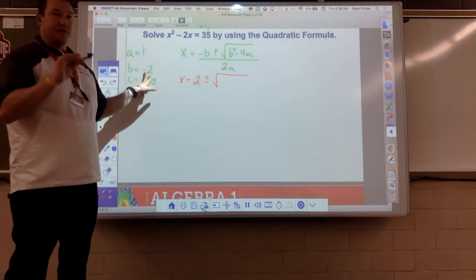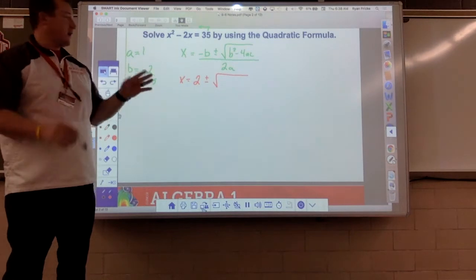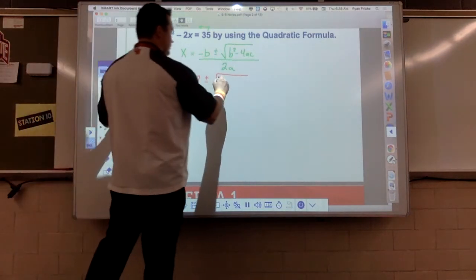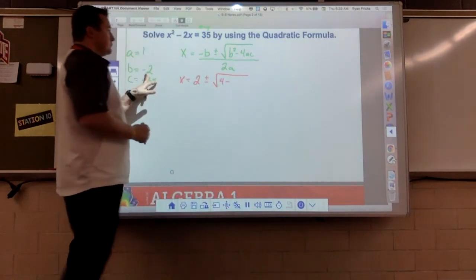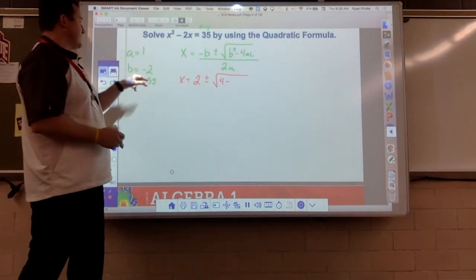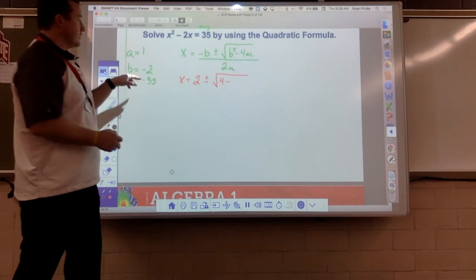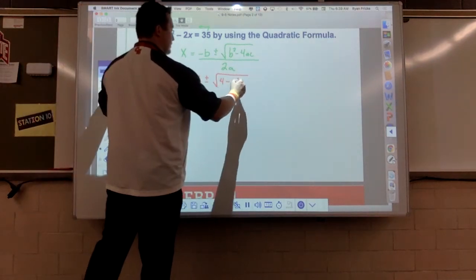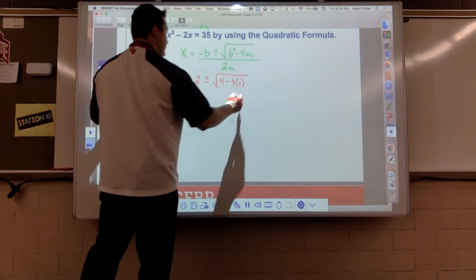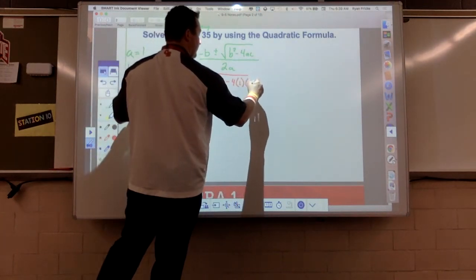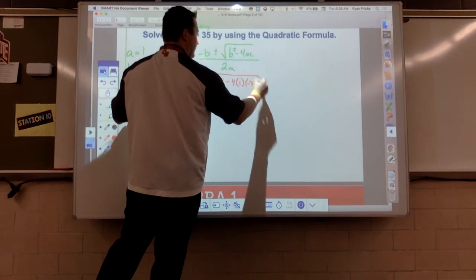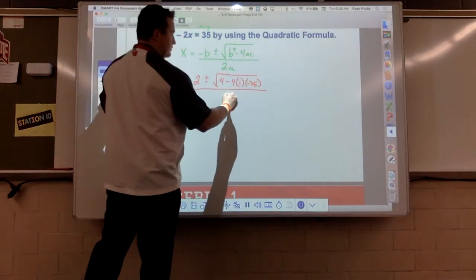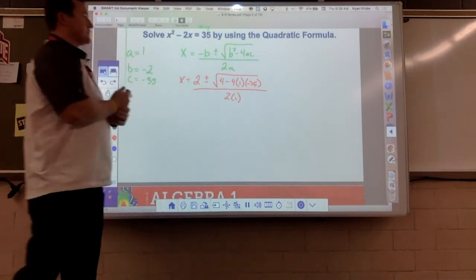If you want to simplify as you go along, that's okay, but be careful, guys. -2 squared is really 4, minus 4 times a, which is 1, times c, which is -35. And this is all over 2a, or 2 times 1. So it's going to look like that.